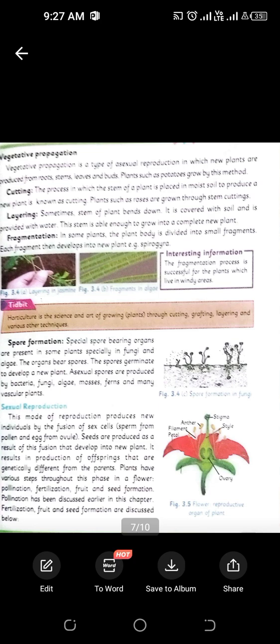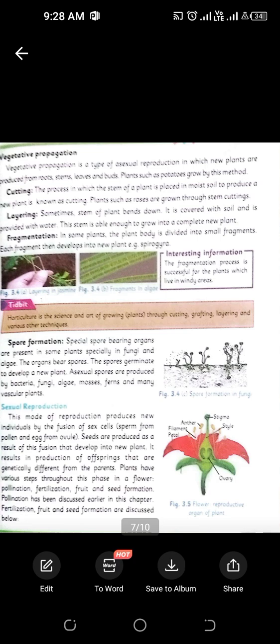Fragmentation is a type of reproduction in which a small part of a plant is extracted and used in the production of a new plant.